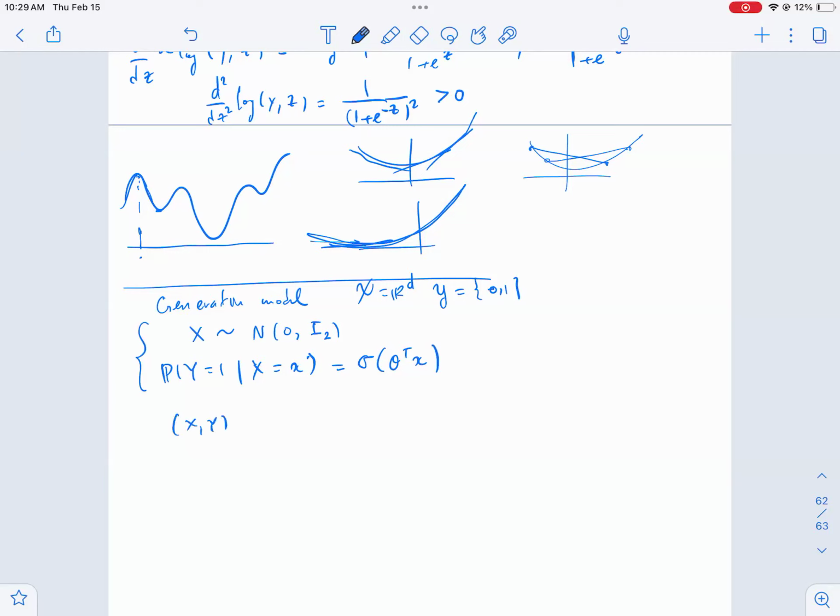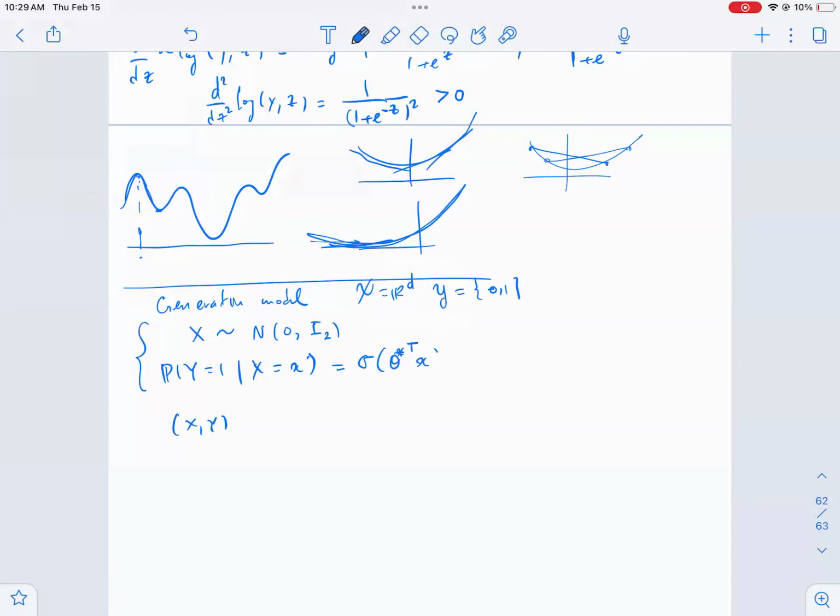Then I can generate training data from this. Let's say there is a true theta star, similar to regression, so it's sigma of theta star transpose X. This theta star is what I plant in the model. Then I can do the MLE and ask if the theta that I estimate is going to approach theta star. Do I get consistency? That's the hope, that eventually, with more and more samples, this would happen.